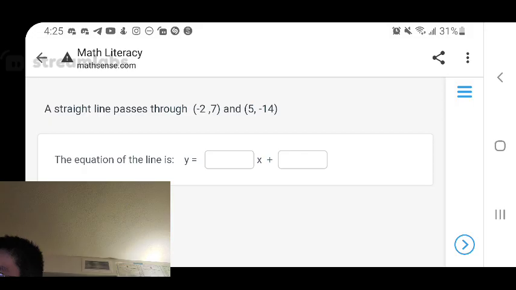I really am taking my time. Let's see. A straight line passes through. Graphing now. So we do y equals mx plus b here. It's been a while since I said that, because the people I tutor already learned this.